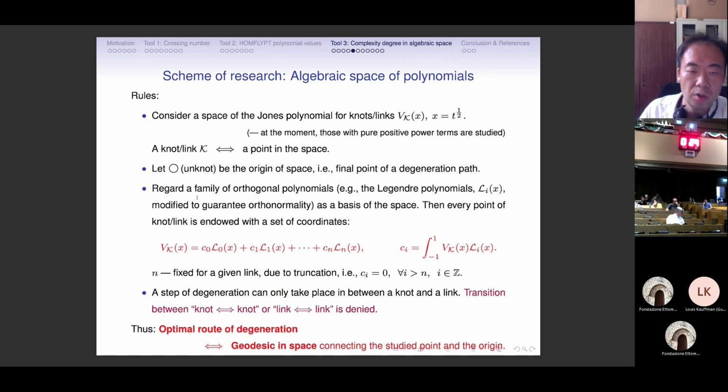We use orthogonal polynomials. For example, we use the Legendre polynomial as a basis to expand the algebraic space. Then every knot point obtains a set of coordinates. That means we can obtain the coordinates through the projection of the Jones polynomial of the knot onto the Legendre polynomial basis, right? Then we obtain a set of coordinates.